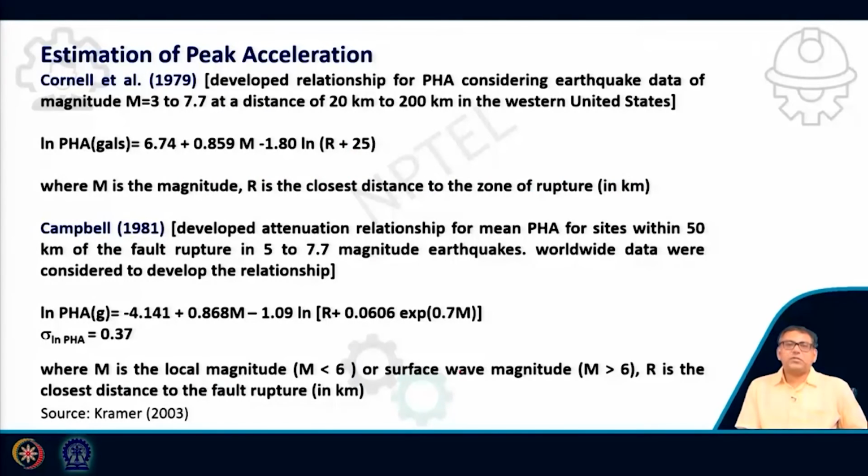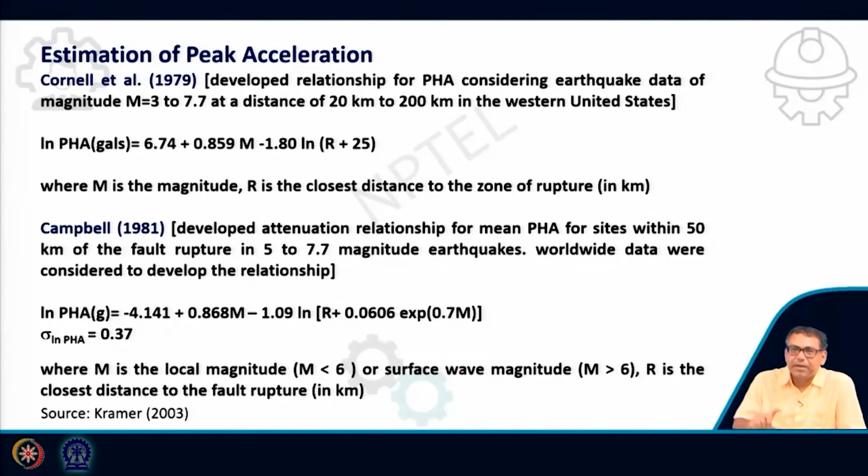So now the first one, the estimation of peak acceleration. The first theory that was proposed is by Cornell et al. 1979. They developed a relationship for PHA, peak horizontal acceleration, considering earthquake data of magnitudes M equal to 3 to 7.7 at a distance of 20 kilometer to 200 kilometer in the western United States.